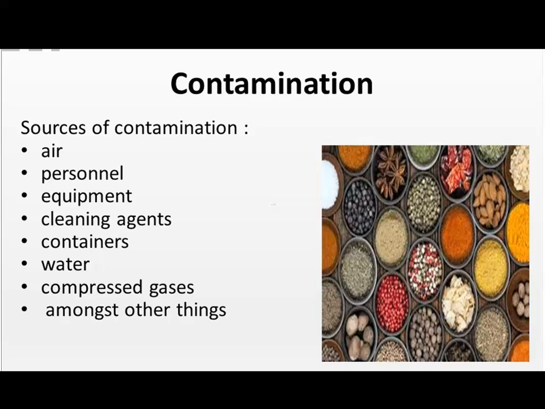Our personnel are our largest source of contamination. Anything that we bring into this environment is a source of particulate and microbial contamination. There are lots of other things, but these are some examples of how we contaminate the environment that we're manufacturing our drug products in.